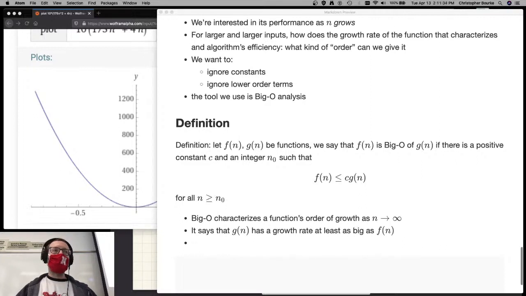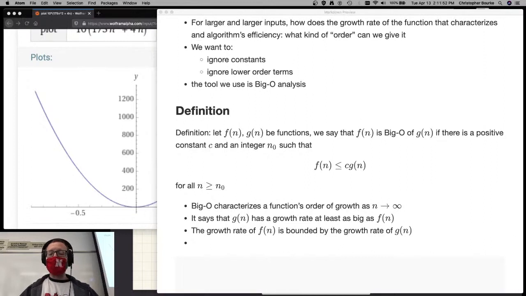Or another way of thinking about this is that the growth rate of f of n is bounded by the growth rate of g of n. Or put another way, in plain old English, asymptotically, g of n is at least as big as f of n.